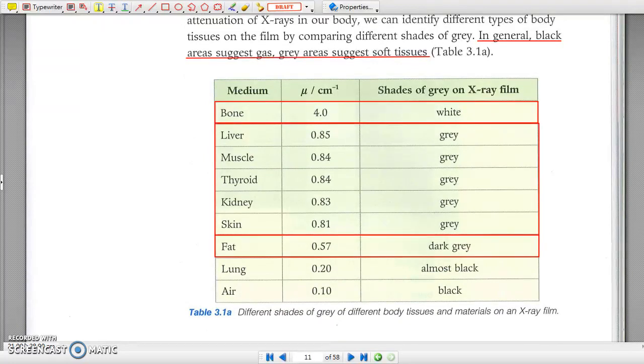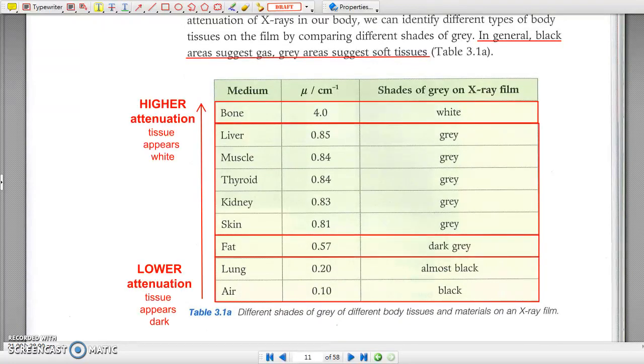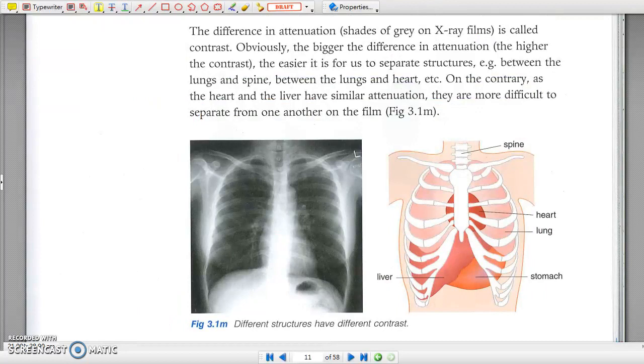White areas suggest bones or metals. A higher contrast X-ray image allows you to identify separate structures, such as bone and flesh. Heart and liver have similar attenuation, and so they are more difficult to identify.